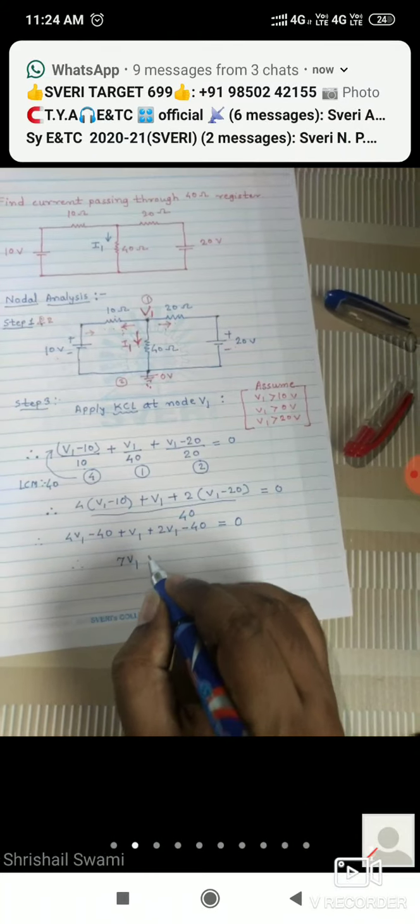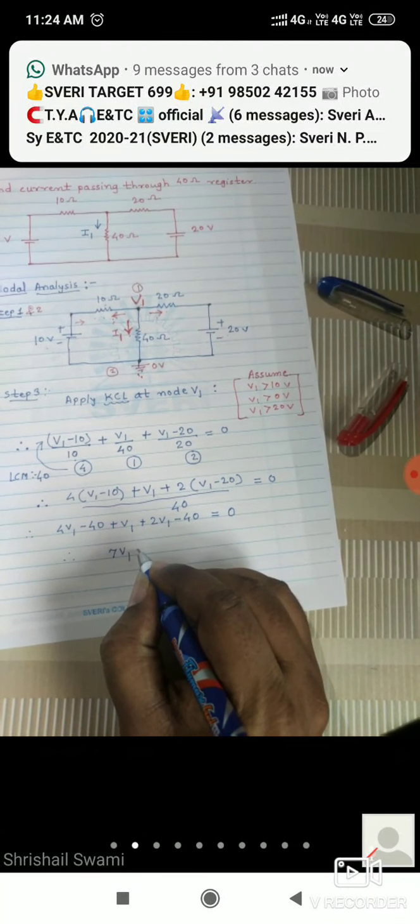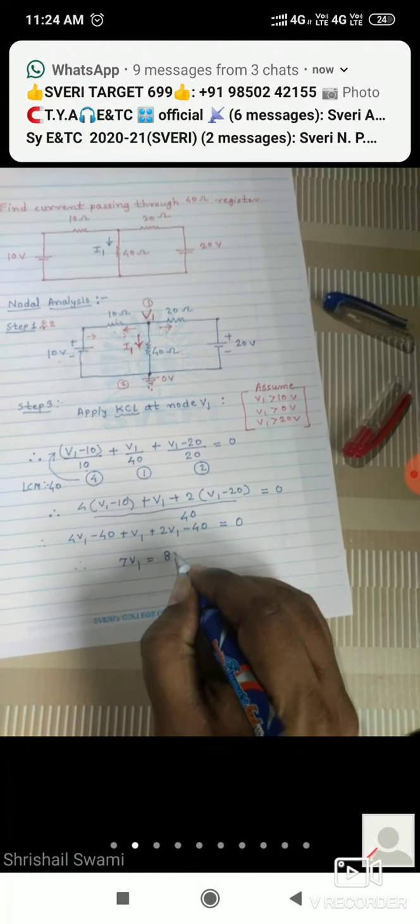So add the V1 terms: 4V1 plus V1 is 5, 5 plus 2 is 7V1. Minus 40 and minus 40 counts to minus 80. Am I correct? Minus 80 goes to the right hand side and becomes plus 80.